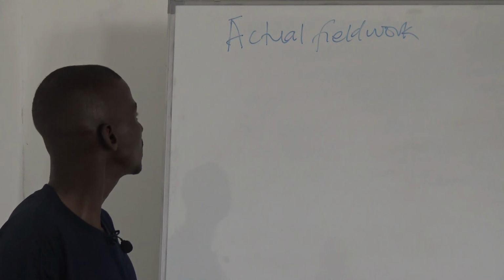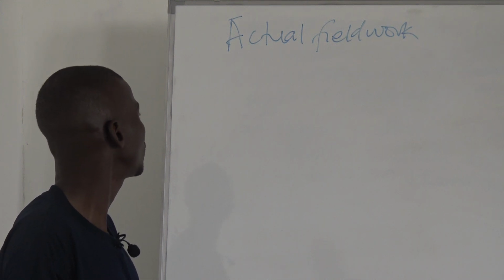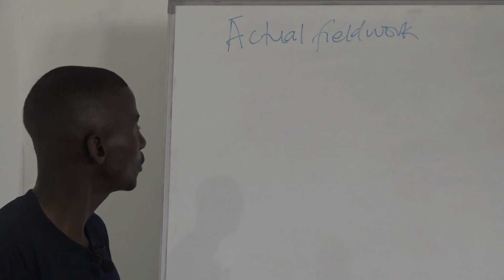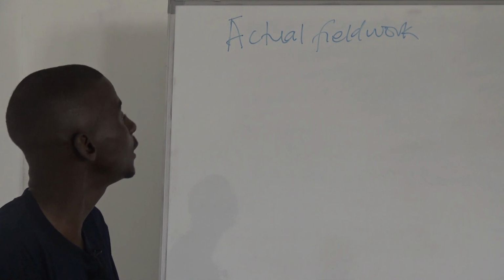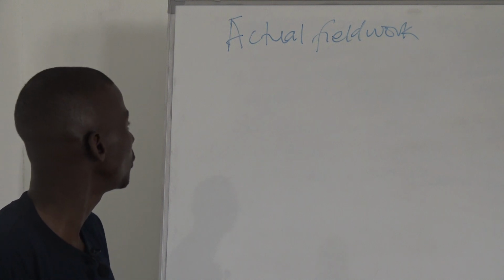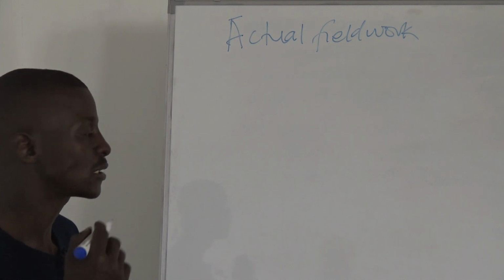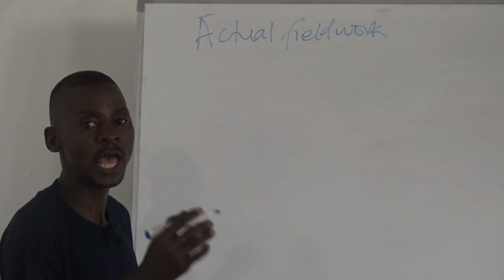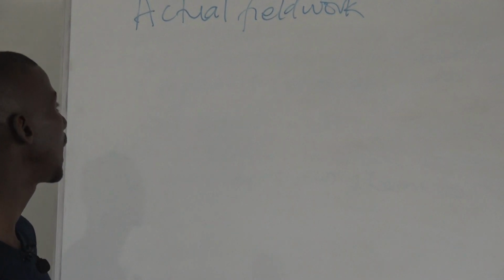So that process where you leave the school up to the place where you're going to conduct fieldwork is called the actual fieldwork. In brief, it starts from the time you leave school up to the time you come back.